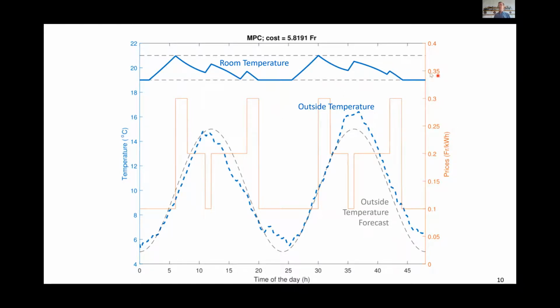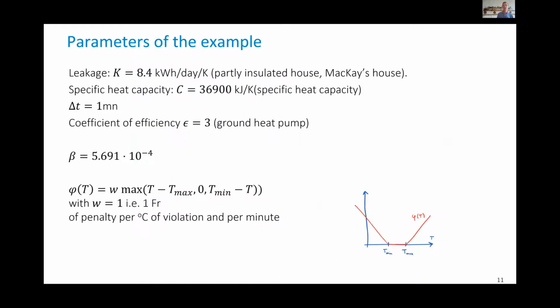By exporting prices here, we have incentivized the house to heat before the peak period and to not heat during the peak period here. That's a form of demand response by price, which is very effective. The cost here will be less than if we had done something that is not controlling through an MPC.